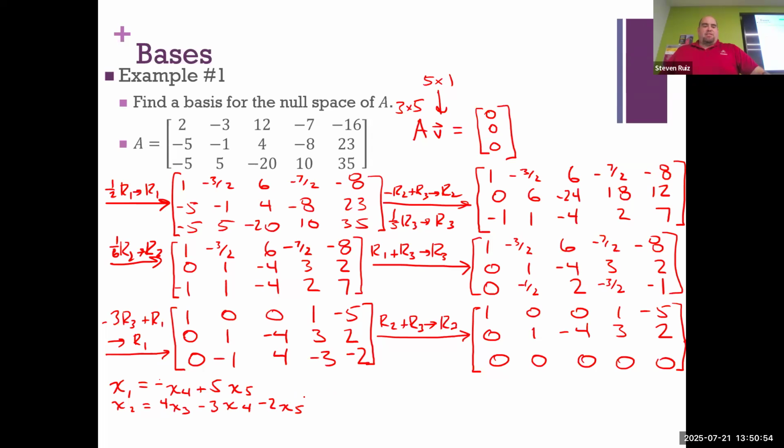So I believe that's what x1 and x2 are. x1 and x2 are lead variables. x3, x4, x5 are all free. What do I do with my free variables when I write them out like this? They become singular parameters. So I'll call them A, B, and C.